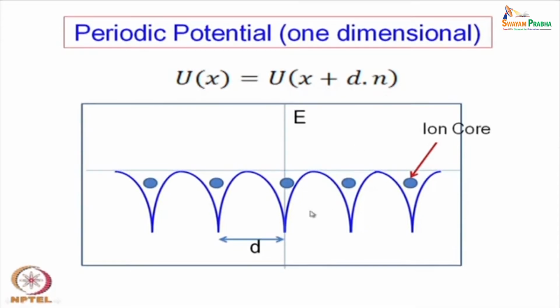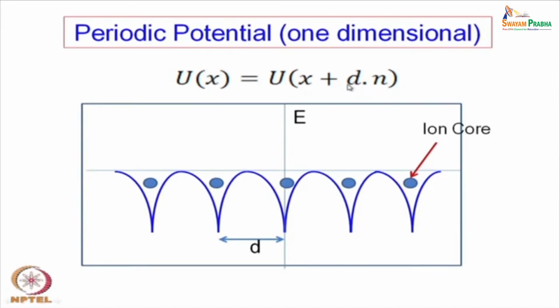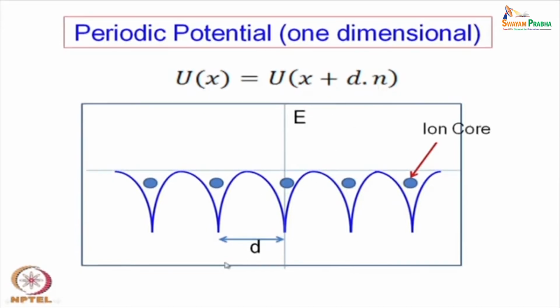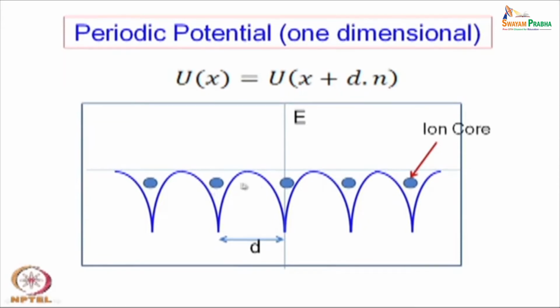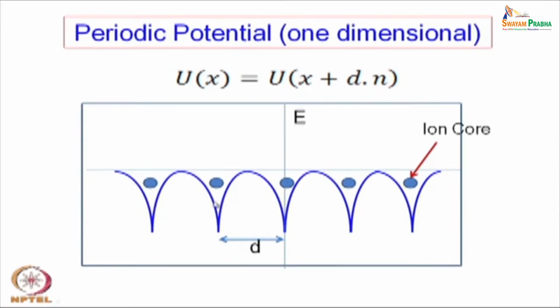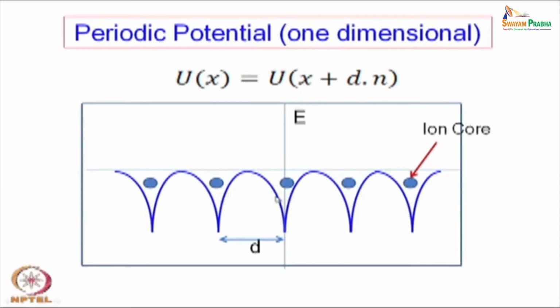At any point at a distance d multiplied by an integer n, which is the number of lattice sites, d is the distance between two consecutive, two neighboring lattice sites. If that be so, then whatever is the value of U here, it will be exactly the same there, sorry, here.